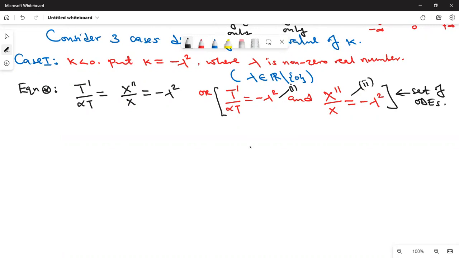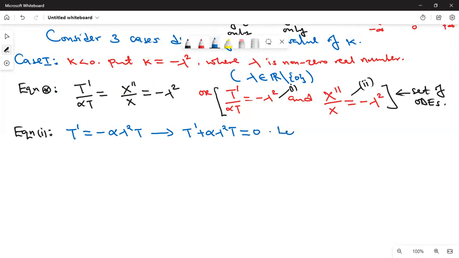Let's solve the first one, equation 1. If I cross multiply, I'll get t prime is equal to negative alpha lambda squared t, which you can also write as t prime plus alpha lambda squared t is equal to 0.